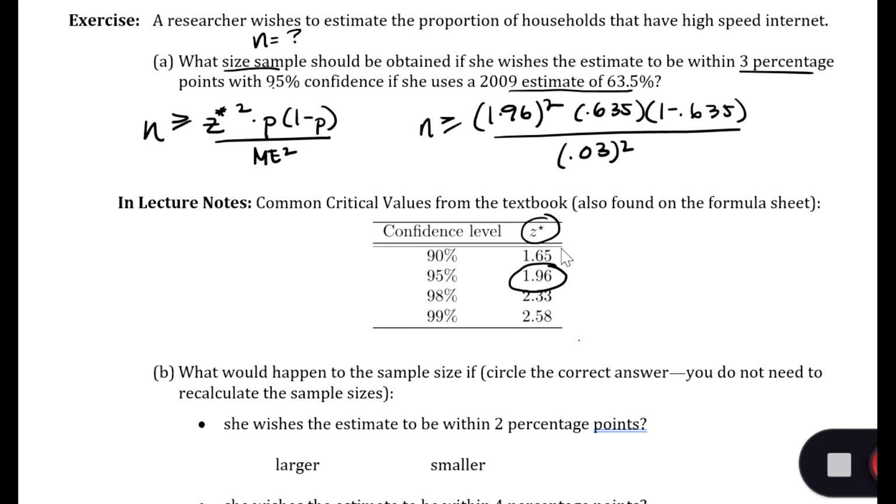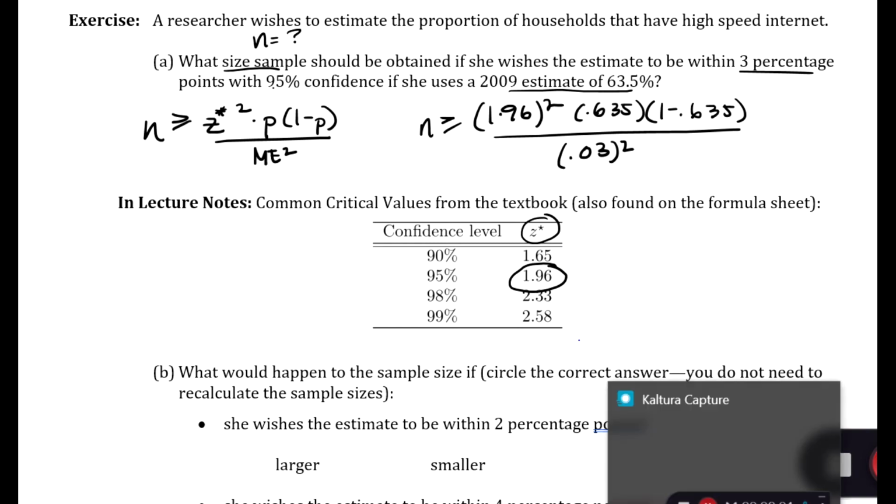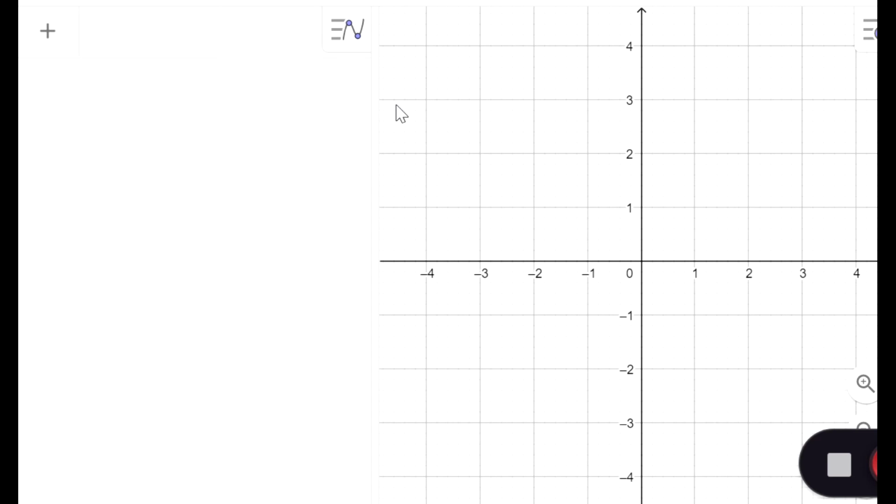We can go to our calculator to get this done. I'll just use GeoGebra real quick. I'm going to use double parentheses, and I'm going to have 1.96 squared times 0.635 times 1 minus 0.635.